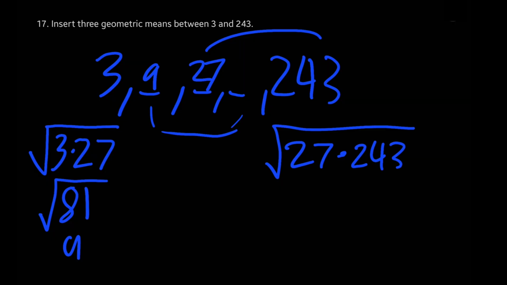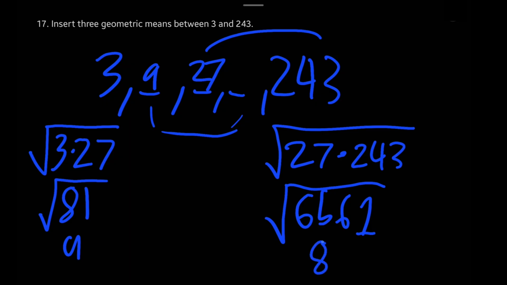We end up with a large value, 6561. Square root. If we take that square root, we end up with 81. So these are our values: 9, 27, and 81.